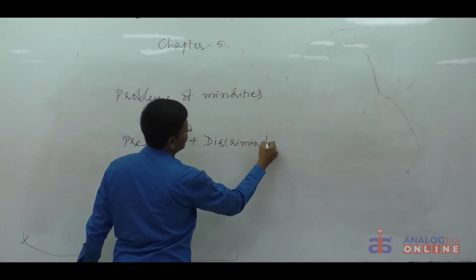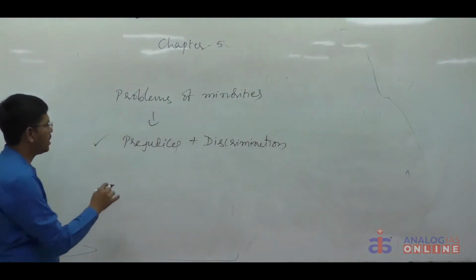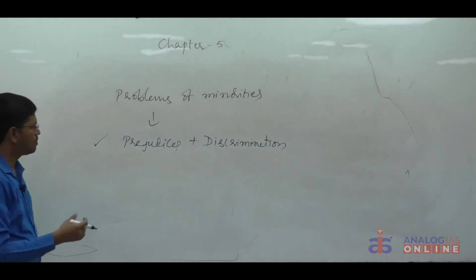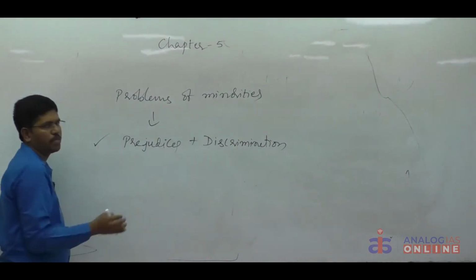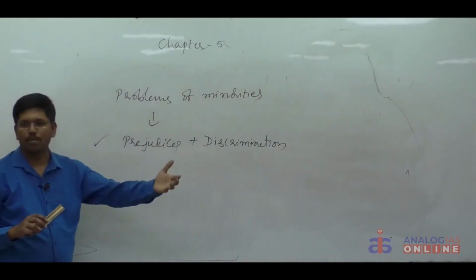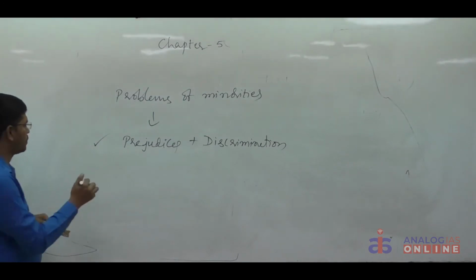Not only in India but also in other parts of the world, all the minorities face this problem. Prejudice means prejudged attitude or predetermined attitude towards minorities, and discrimination means we are taking some actions against particular minorities even though they are similarly qualified when compared with other people.